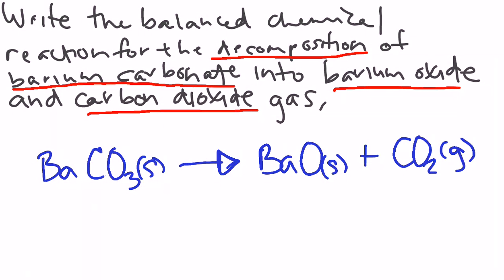So you have all of the phases, and now let's see if this is a balanced equation. Barium carbonate is the most complicated thing here. You have a barium on the left-hand side and a barium on the right-hand side, carbon on each side, and 3 oxygens on each side. So this equation is already balanced. Let's try one more.